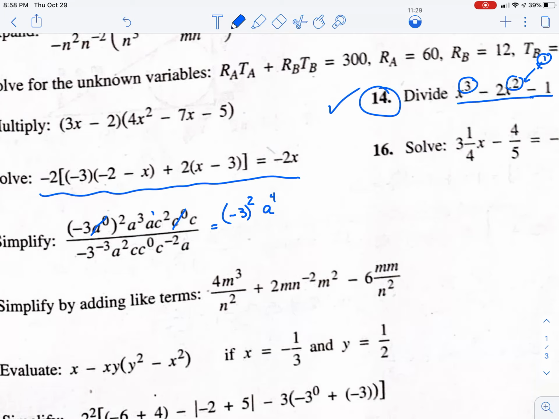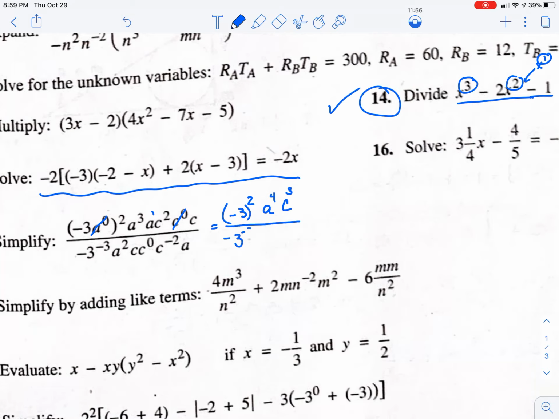And then I have a few c's. This one's going to be 1, so I can just cross that one out, and I'm going to end up with c to the third right there. All that over, I have negative 3 to the negative third power. I'm going to handle that by actually moving it to the top.